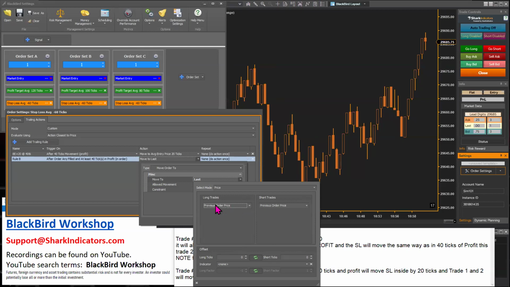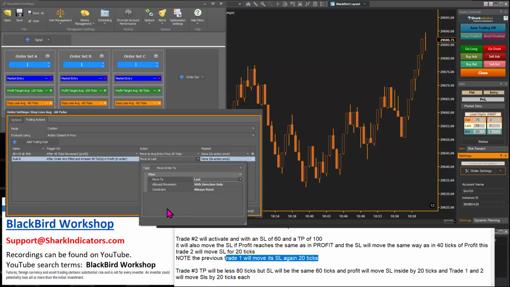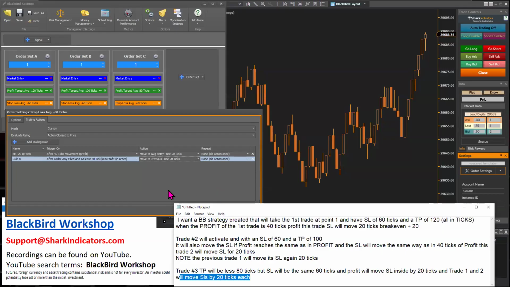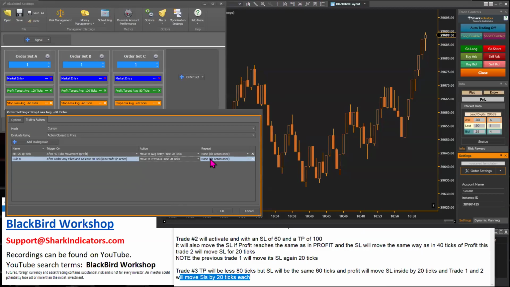So we're going to take what's basically the previous order price, and then add another 20 ticks to it. So we're going to move those stop losses by another 20 ticks there. Of course, these are all one-time actions, like a break-even type of action, so the repeat is just left on none there.